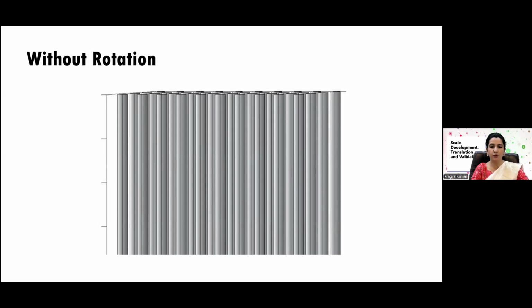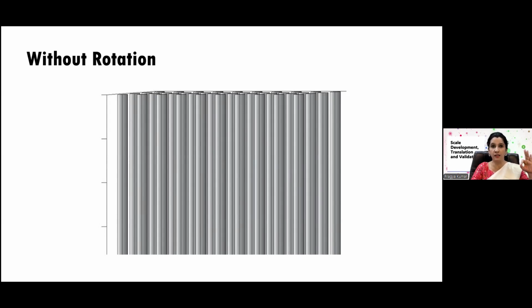Means you only understand that through rotation method, you can see the factor loading very clearly, and it helps you to give a factor structure. So two methods we have just learned, method of extraction and method of rotation.